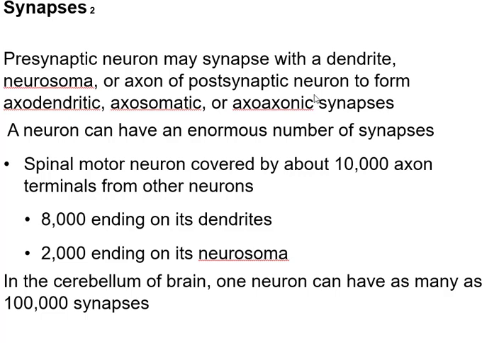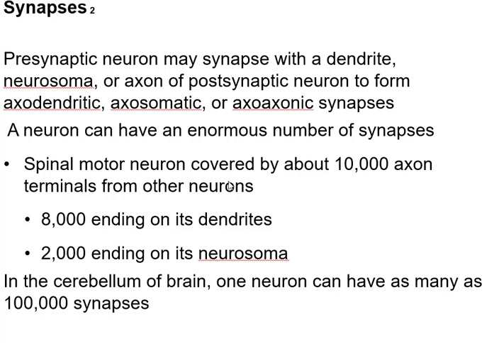Now, one of the things that I hope you saw in the picture that we started out with is a neuron can have an enormous number of synapses. So it can be receiving messages from all sorts of cells. Almost all of those synapses will be made with other neurons. But remember, there's some neuroglia out there that can also make synapses.